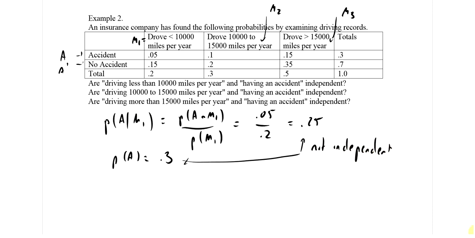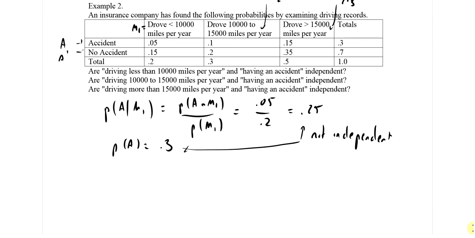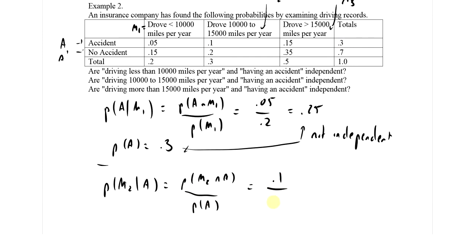What about M2, driving between 10,000 and 15,000? So, we can say M2 given A is the probability of M2 intersection A over the probability of A, because if we're testing these two things for independence, it doesn't matter which one comes first. M2 intersection A is 0.1. The probability of getting into an accident is 0.3.